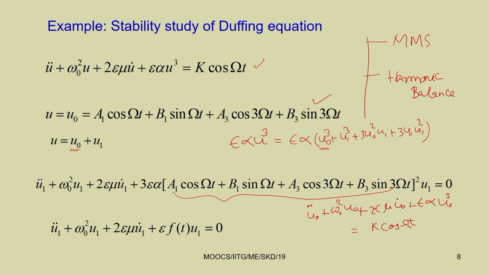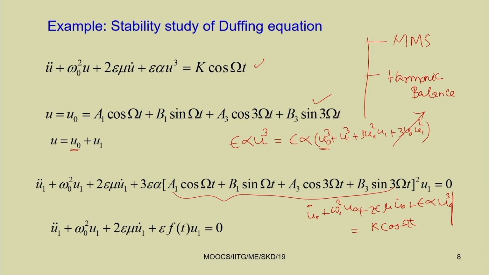Now, when we substitute u equal to u0 plus u1, it has to satisfy this equation as u0 is the equilibrium solution, and as u1 is very small, u1 square can be neglected.